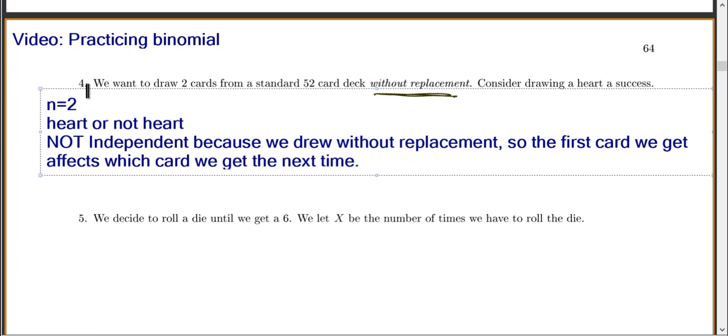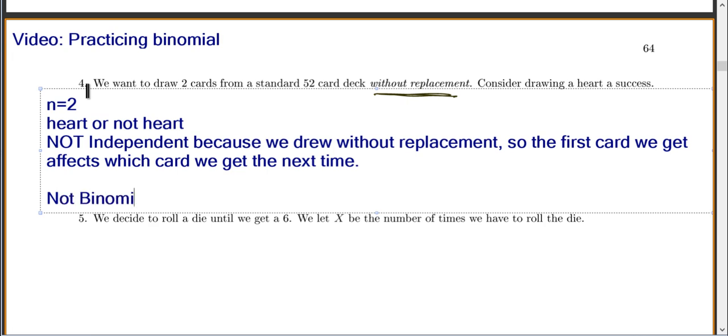The probabilities change, because if I draw out a heart, then I have one less heart to choose from next time. So because it was not independent, it doesn't fit, so this one is not binomial. It had a fixed number n, it had success or failure, yes, but when we got to the independence condition, it failed that.